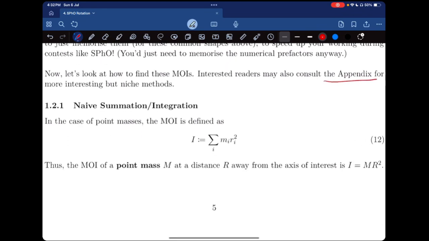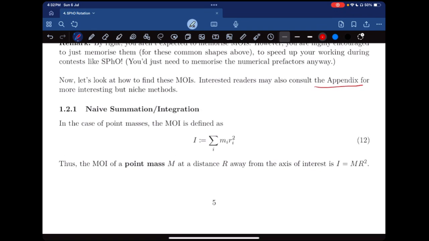Okay, so we first define what the MOI is. If you have a lot of point masses, the MOI is defined as the sum of MR squared. Consequently, the MOI of a point mass is just MR squared. But again, this only holds for a collection of point masses.